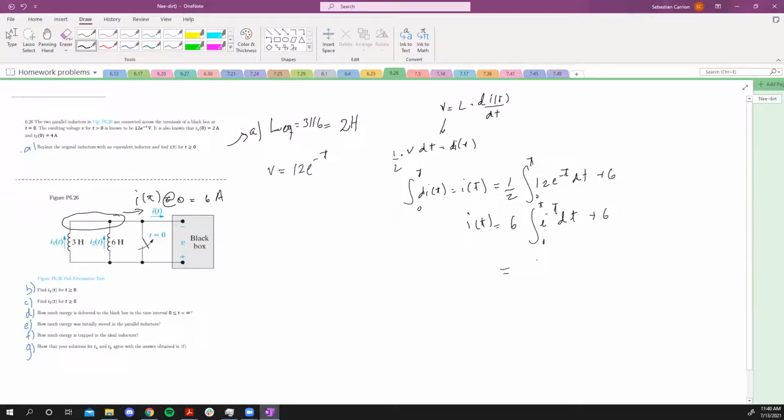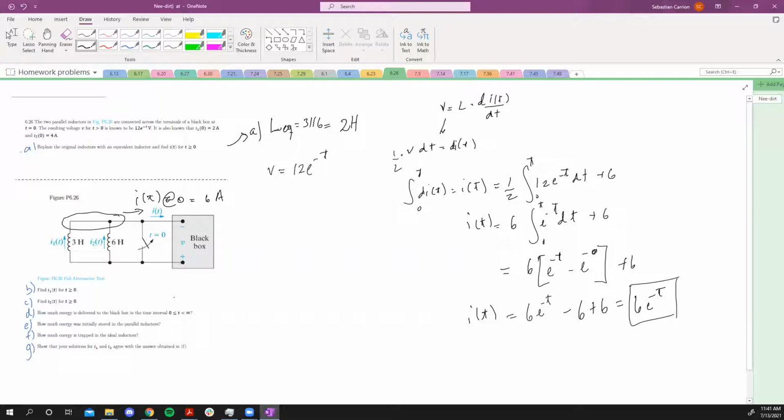And now we just do the calculus. So negative 6 e to the negative t minus e to the negative 0, plus 6. Right? e to the negative 0 is going to be 1. So negative 6 plus 6. So our function for the current would be such here.